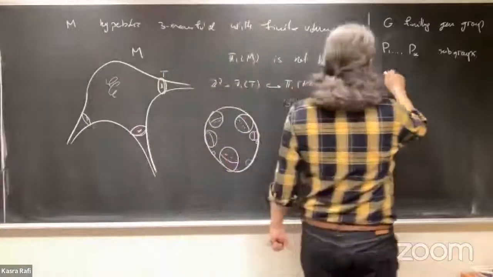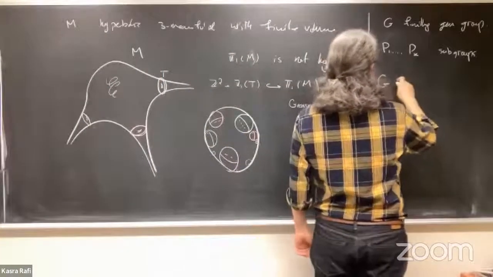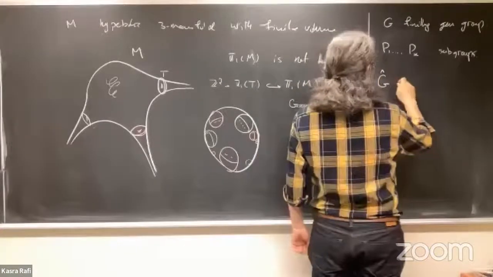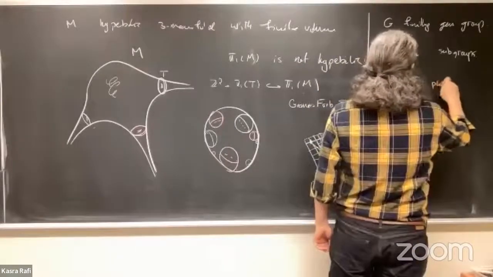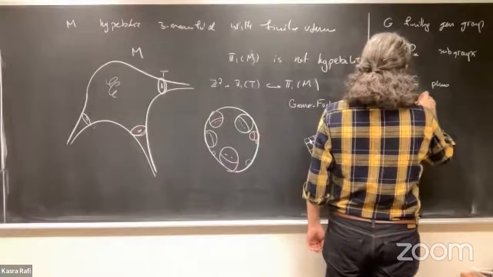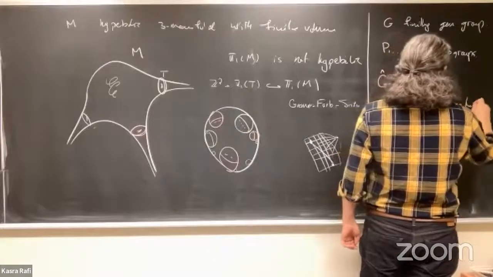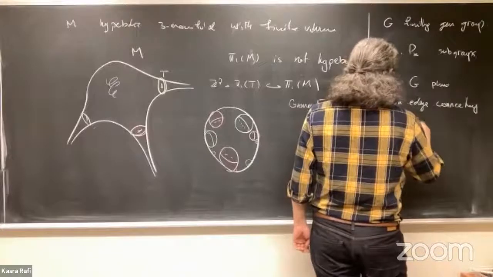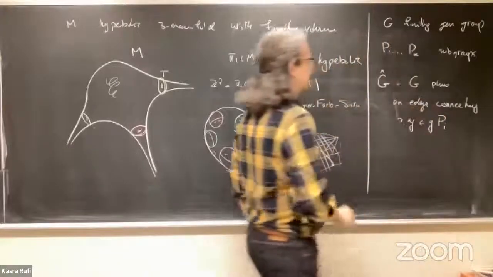So I can define: when I say G, I mean think of it as a Cayley graph of G, and look at G hat to be the same as G plus an edge connecting every two elements X and Y that are in some coset of Pi.